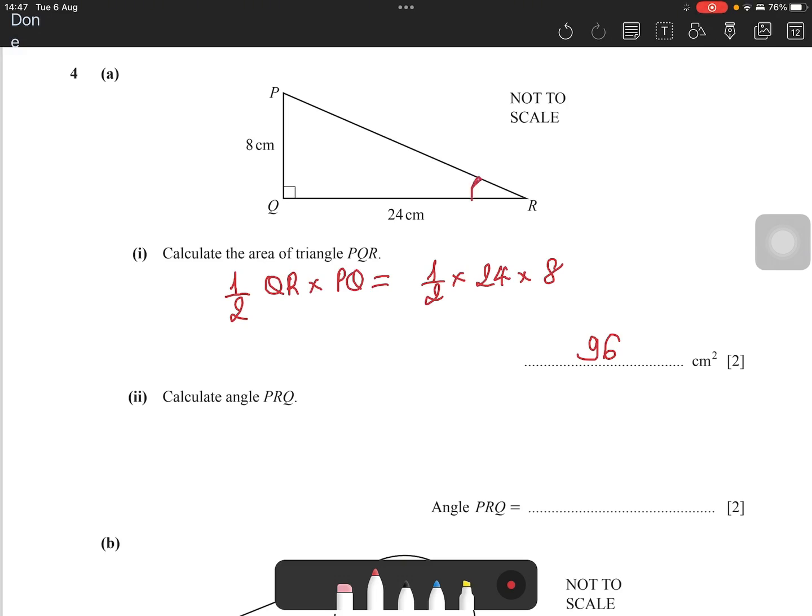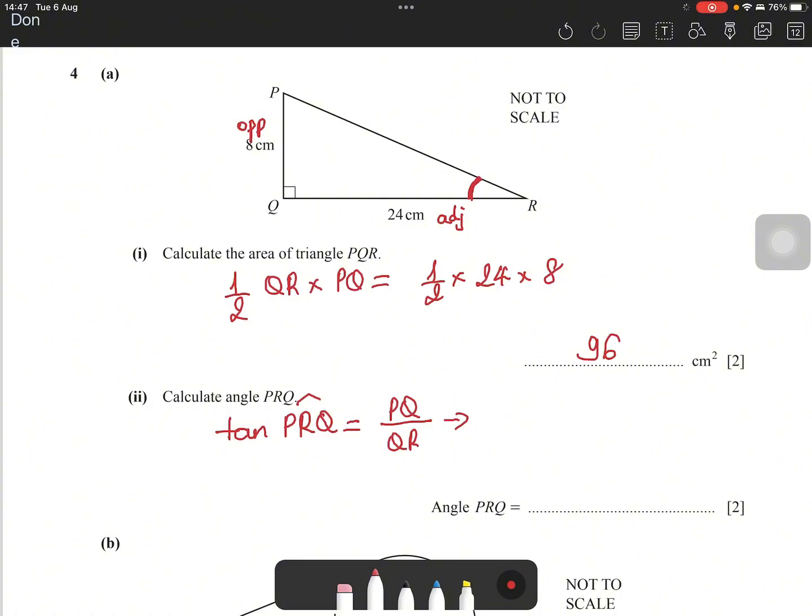PRQ is this angle. For this angle, we see that QR is adjacent and PQ is opposite. So opposite over adjacent means we use tan. Tan of PRQ is equal to PQ opposite over adjacent QR.